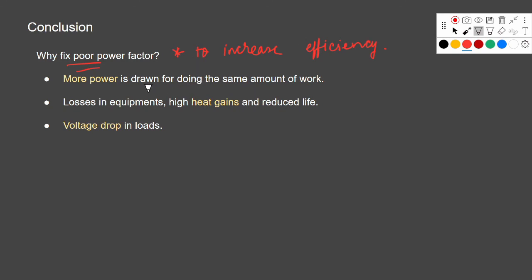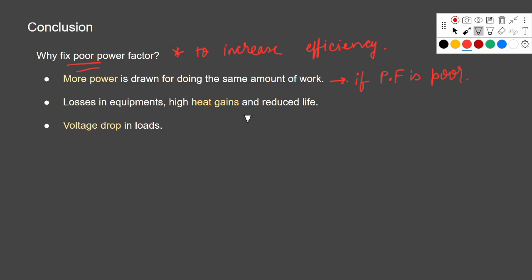If we have a high power factor, then we need less apparent power. So more power is drawn for doing the same amount of work if the power factor is poor.